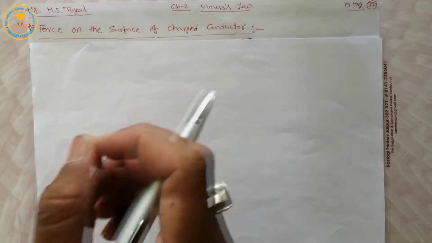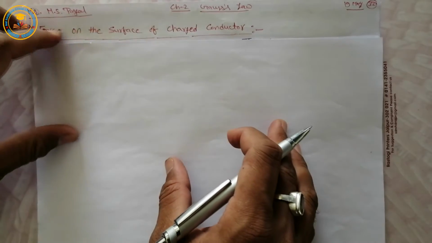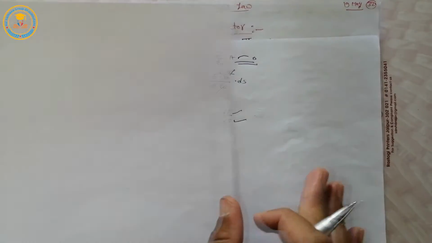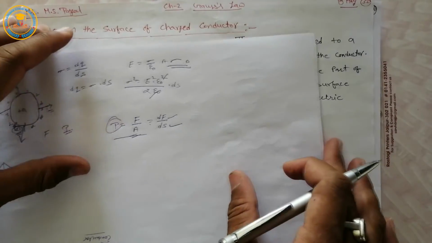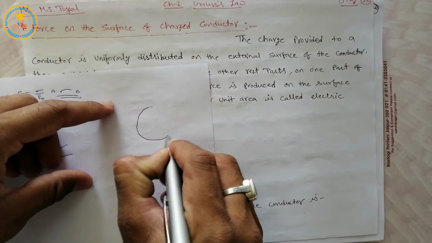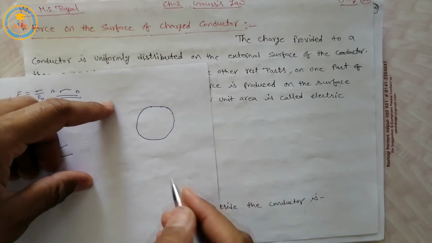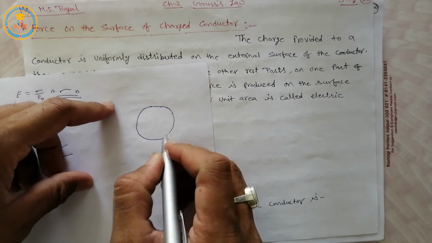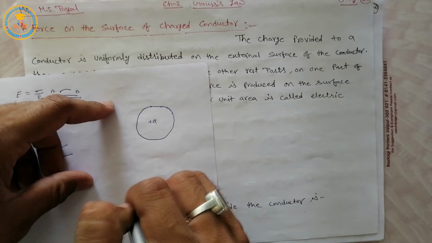Here we take a conductor. Suppose we have a conductor like this. This is uniformly charged by plus Q charge.